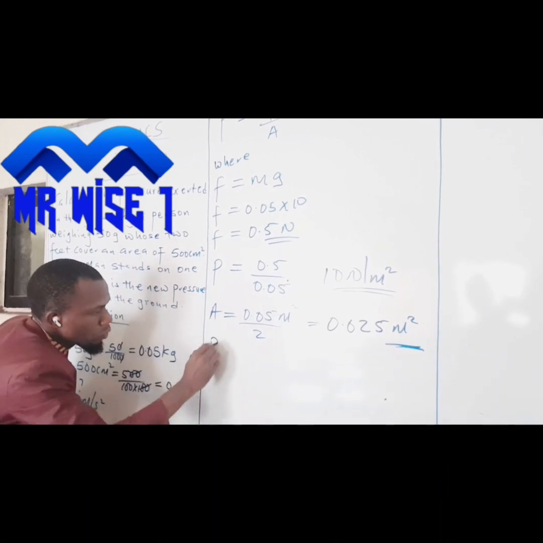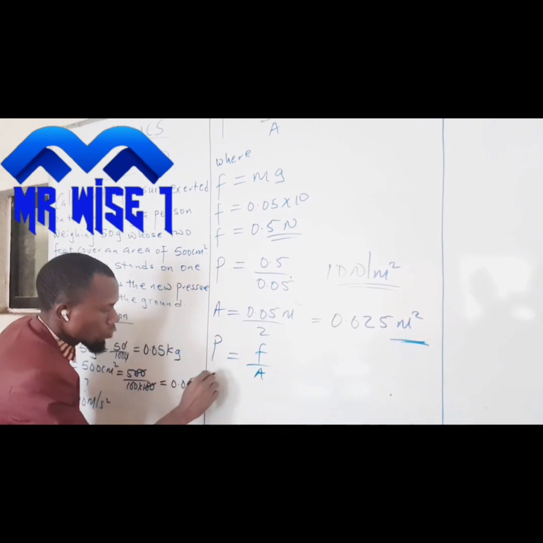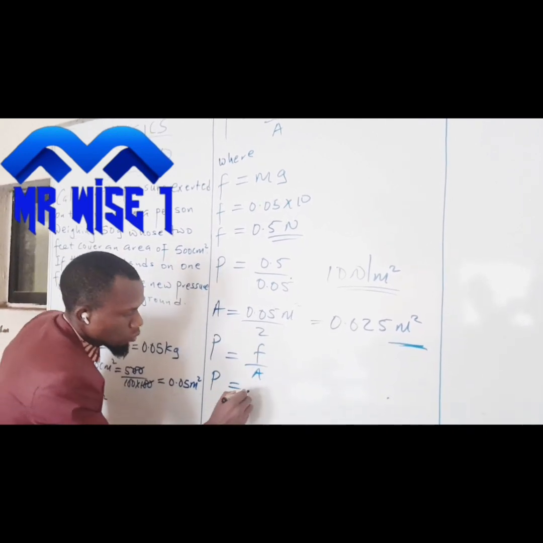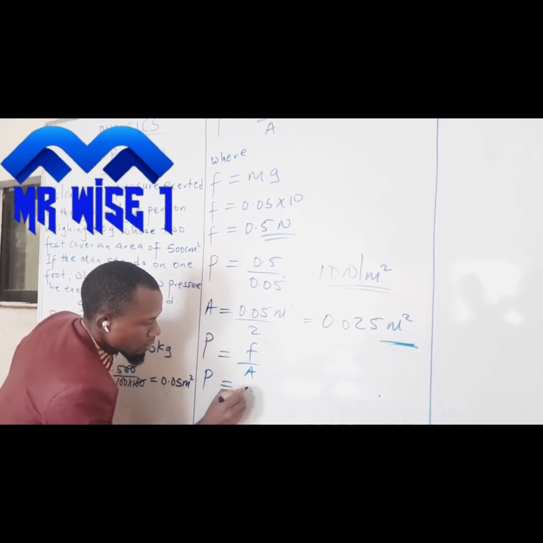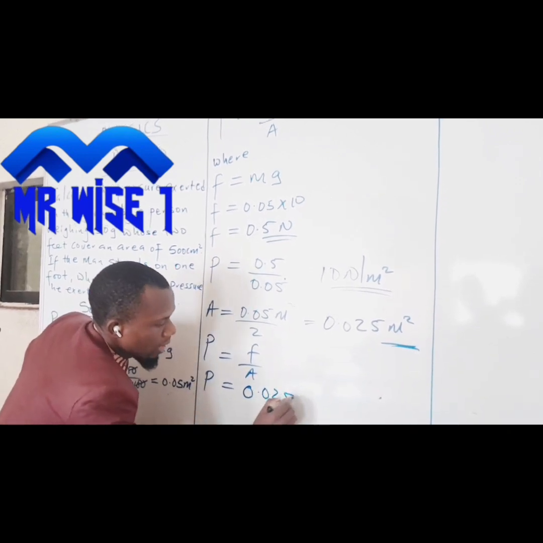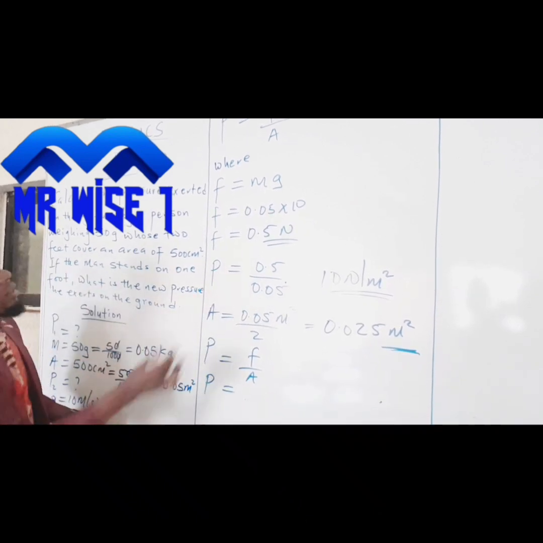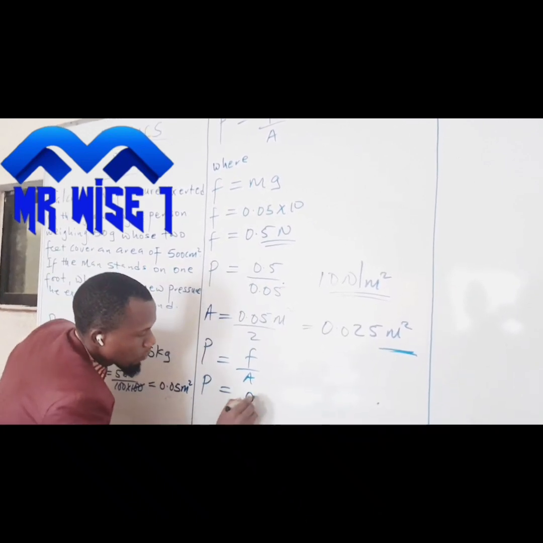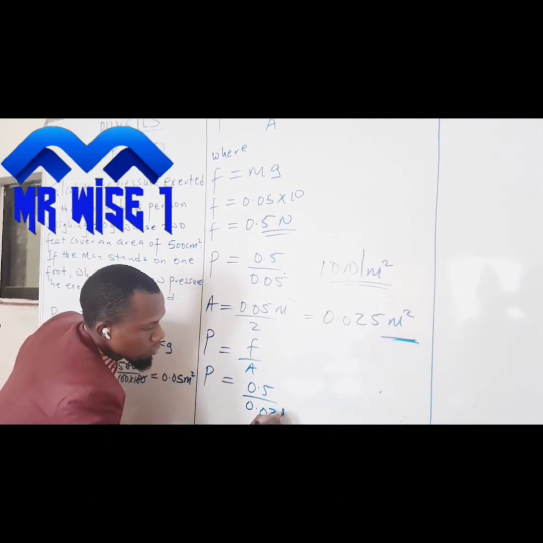So my new pressure equals my force over my area. My P is equal to my force, which is 0.5, sorry about that, divided by my area, 0.025.